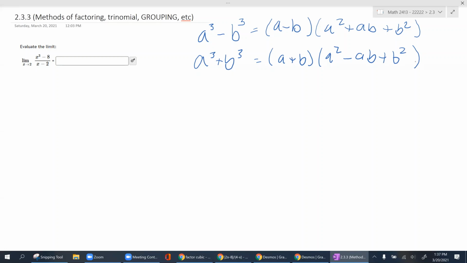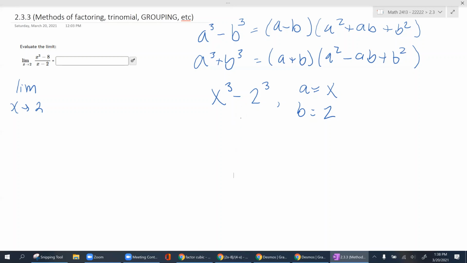That means I want to rewrite the numerator. Focusing on just my numerator, I got x cubed minus 8. You need to rewrite it in terms of something to the 3rd power. How can I rewrite 8 with something to the 3rd power? Well, that's just 2 to the 3rd power, meaning your a is going to be x and your b is going to be 2. Do not bring in that negative; your b is always going to be a positive value.